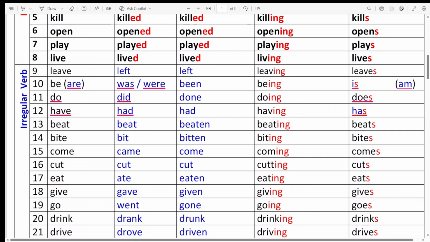Whereas V2 of leave is left, and V3 too is left. So live is regular, whereas ninth number leave is irregular.